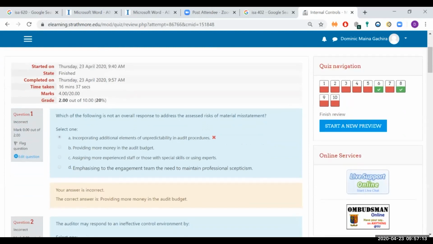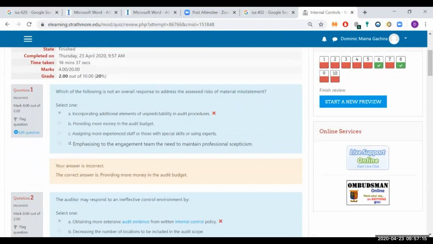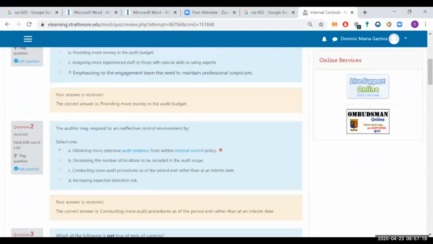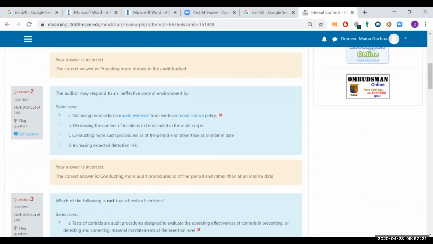Question 1, the correct answer was B, providing more money in the audit budget. Question 2, the correct answer was conducting more procedures, that is C.